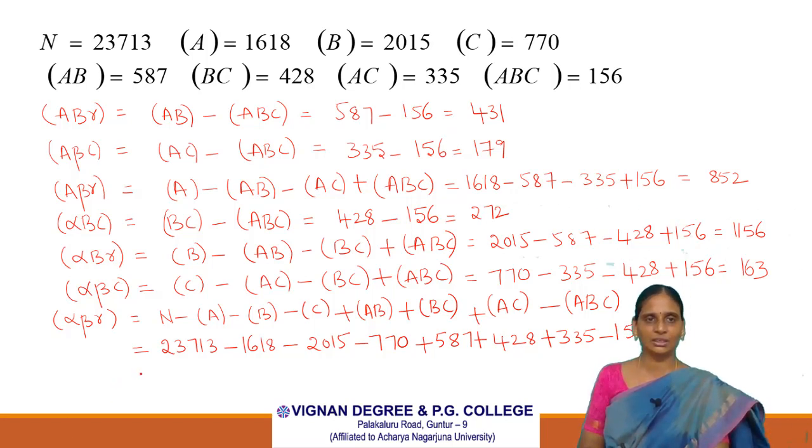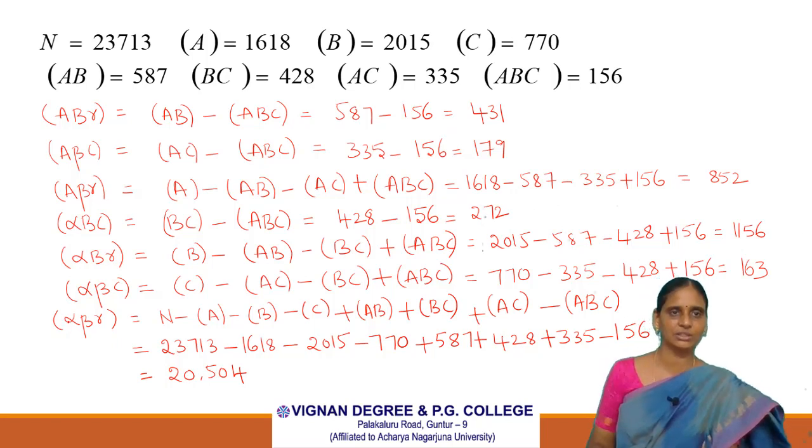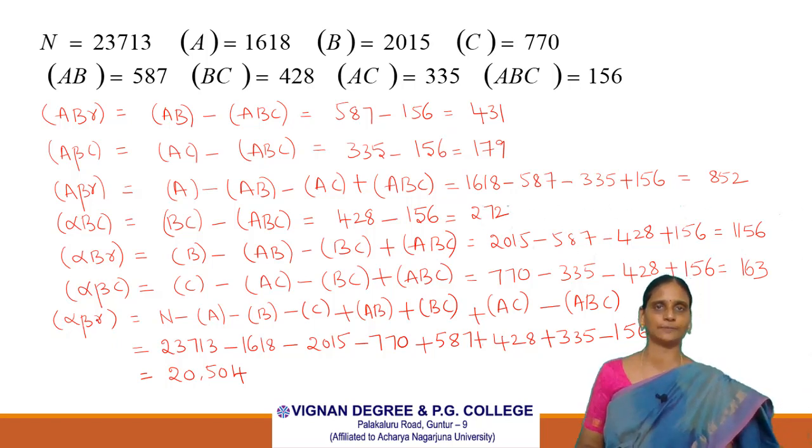So after the simplification, we get the value 20,504. So this value is obtained by the corresponding frequency, frequency of alpha, beta, gamma.